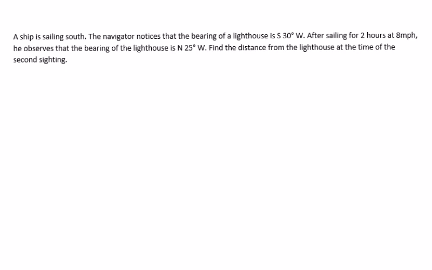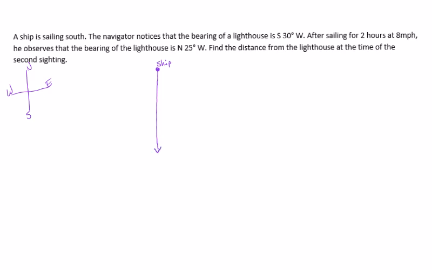All right, so I'm going to draw my little north, south, east, west just so that you believe me, right? North, south, east, west. Okay, and so we are sailing south. A ship right here. That's my ship. Right at the first spot, sailing south.